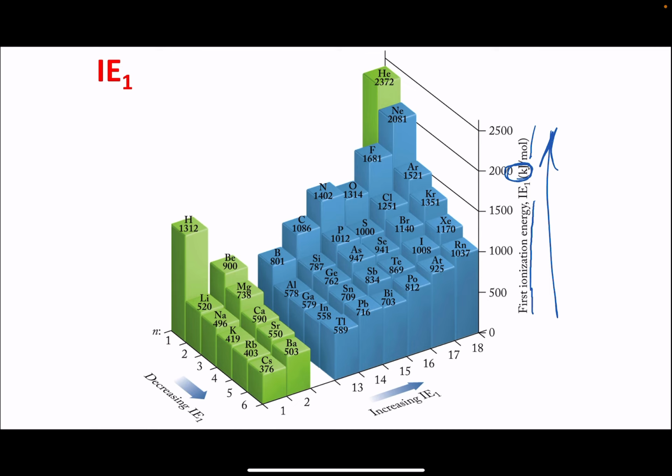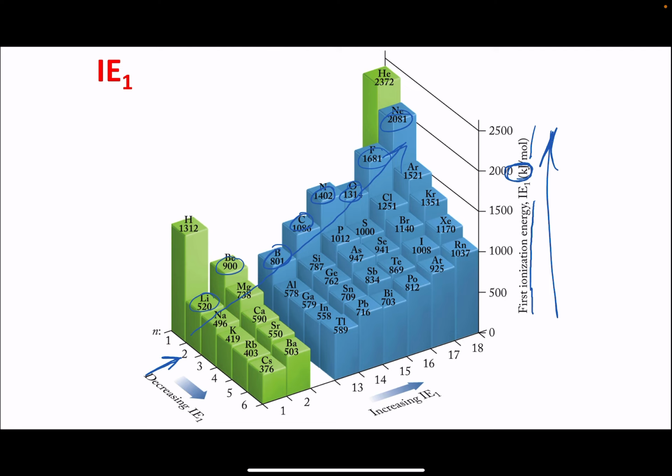And you can see here in this three-dimensional plot, representing the position of elements in the periodic table, that as we go within a row from left to right, we generally increase. The bars here are getting taller. Okay? So it's becoming more and more difficult to remove an electron as we go from left to right.